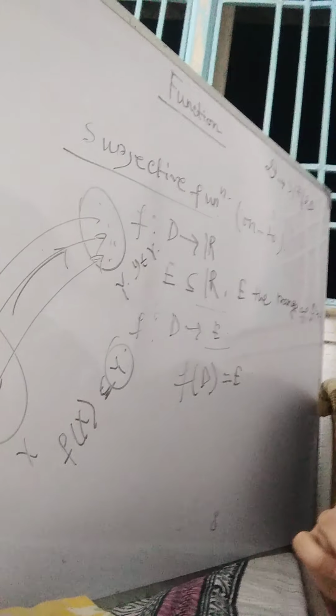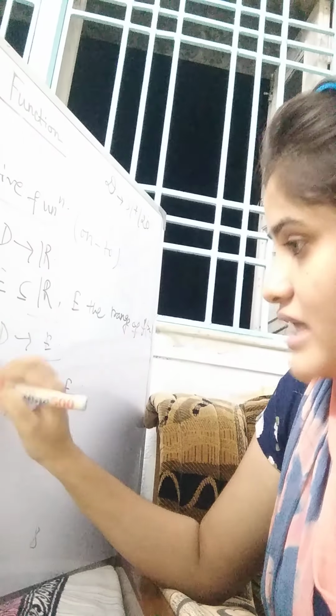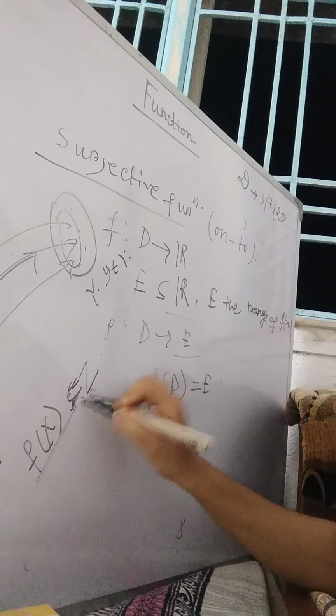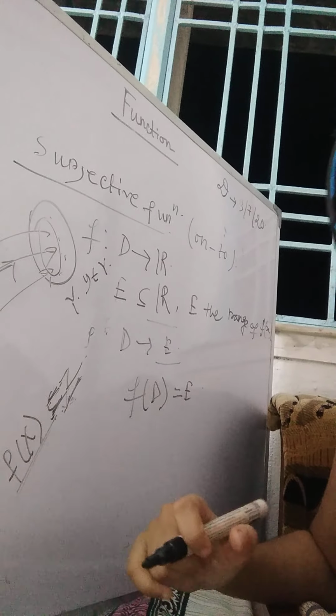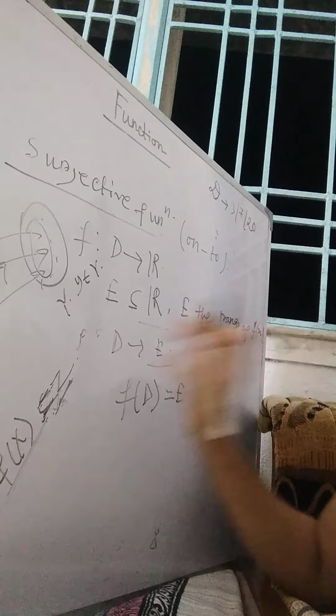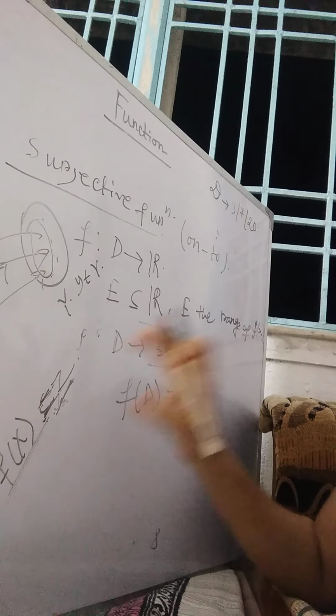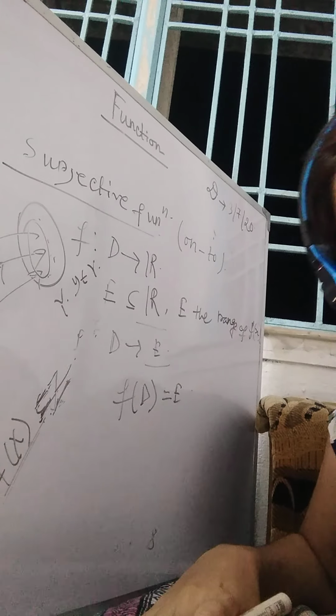There will be extra numbers in y. This f of x, which is a subset of y, we can define as another set, which is a subset of y, that is z. Then f of x equals z is also known as the surjective property. That means there will be a subset which is the range of f of x, the function of x. Then we call this function surjective, or this function is onto. Clear?